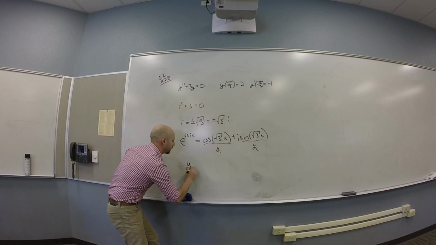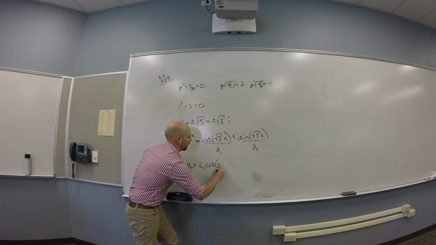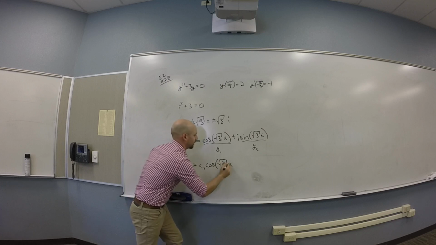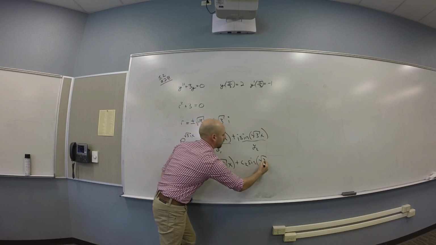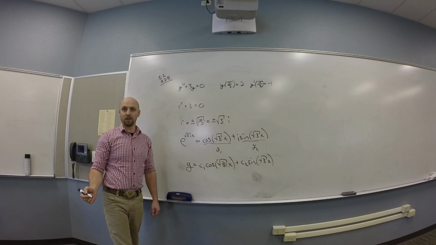So your y is going to be C1 cosine of square root of 3x plus C2 sine of square root of 3x. And then what?